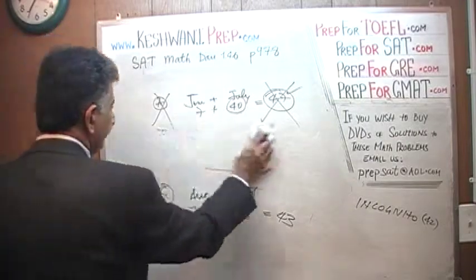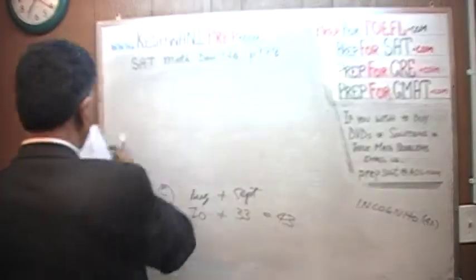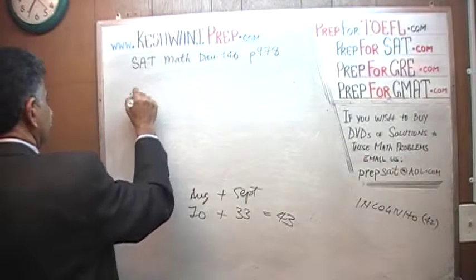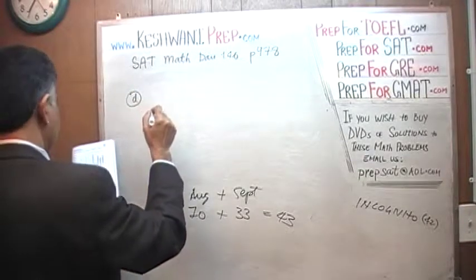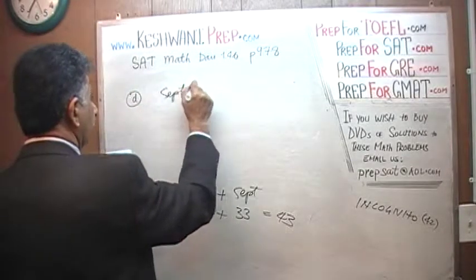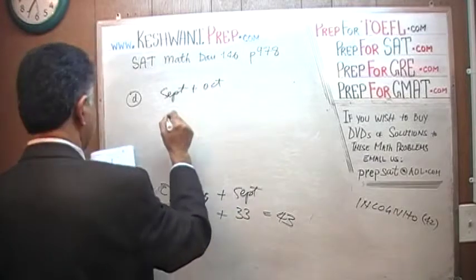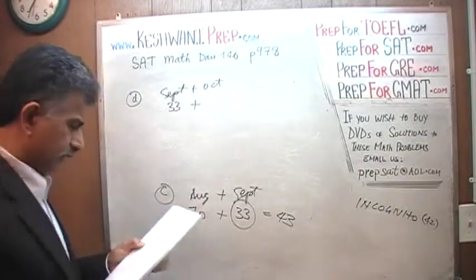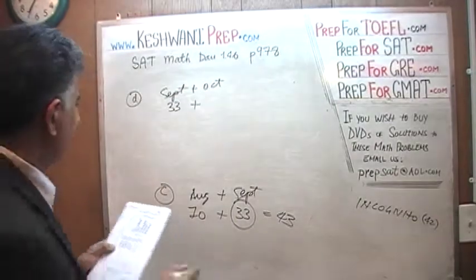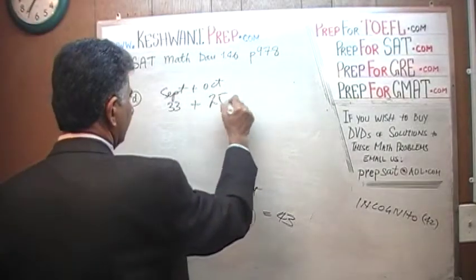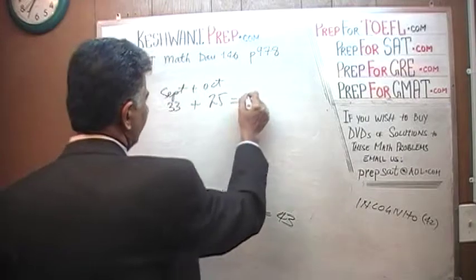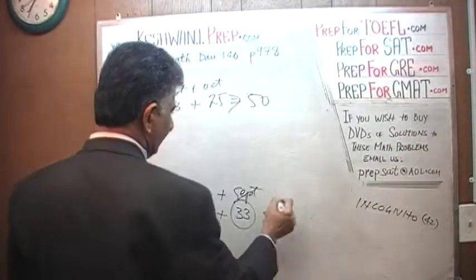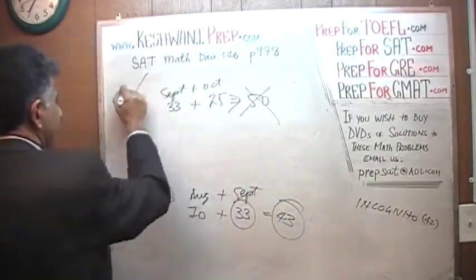Let's look at D. D says September and October. September we said was 33. In October, it's about 25, I would say. Whatever it is, it's way more. It's already more than 50. This is only 43. D is not the answer.